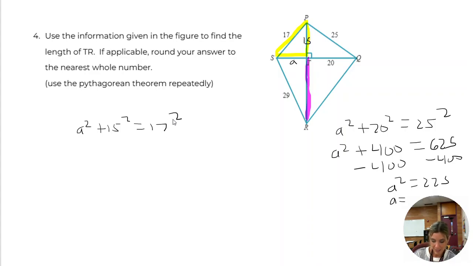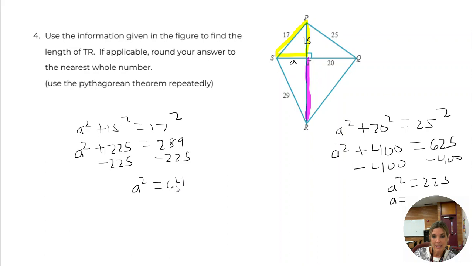So when we do that, we'll have 17 squared, which is 289. We have 15 squared, which is 225, and we have A squared. So then to get the A by itself, we minus 225 from both sides. So A squared equals 64, and then we square root 64, and we get 8. So this side right here is 8.